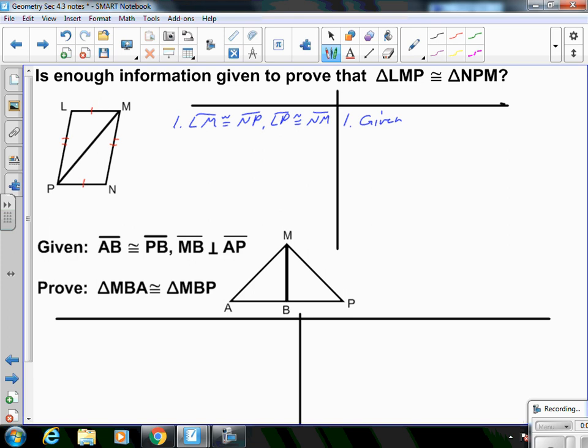It's given. And then if we look at the two triangles, anybody see anything that would be congruent? Something that's not already marked?